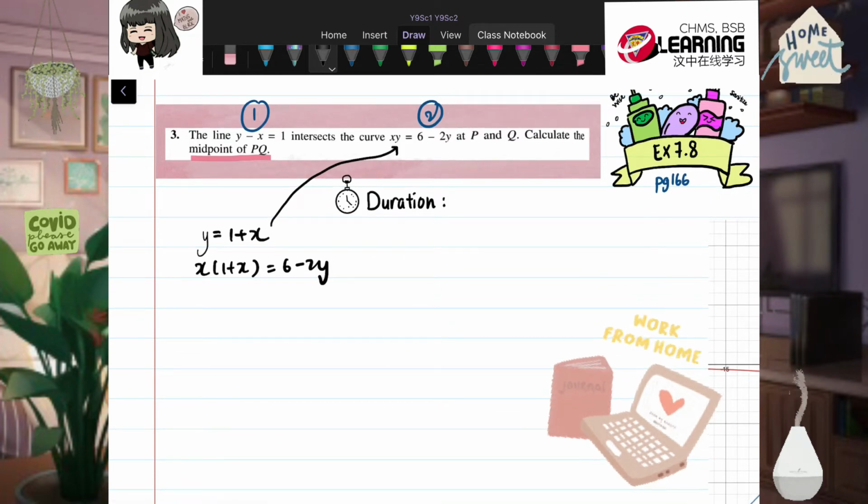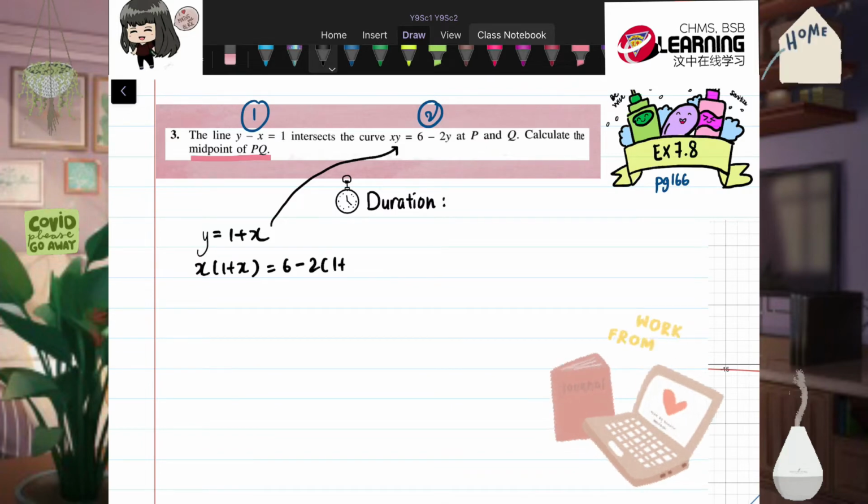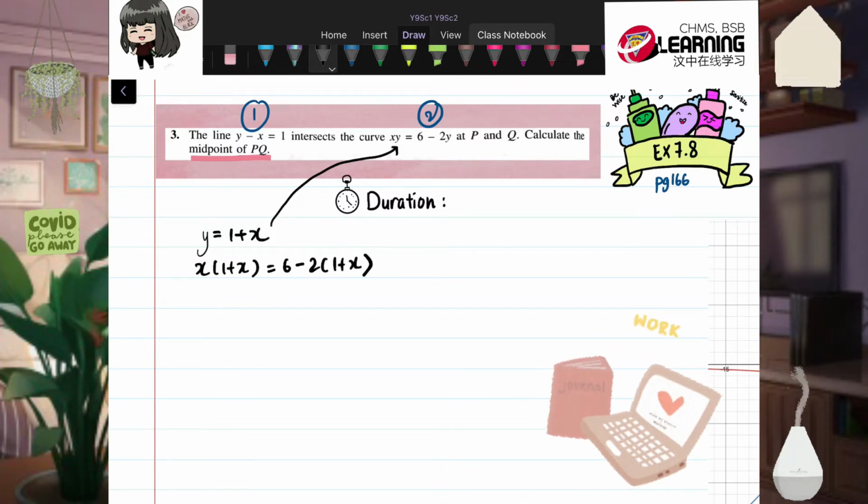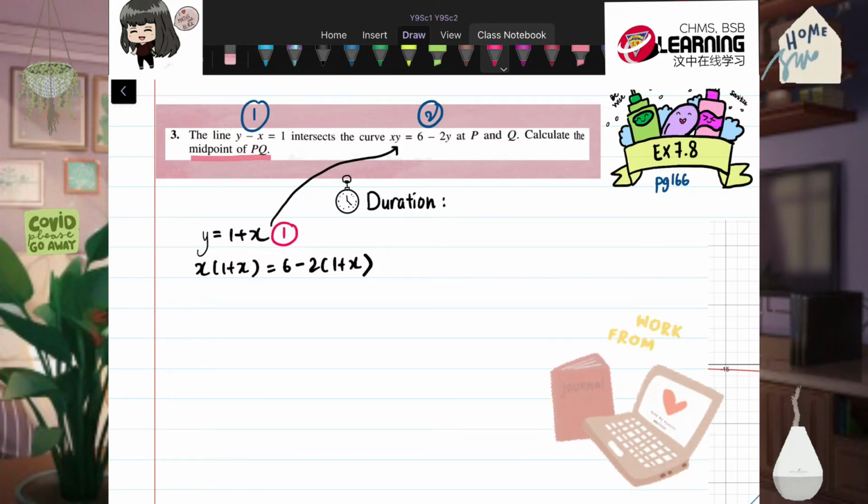Then I substitute it into the second equation. Don't forget this one is also y, so you need to substitute into your y. This is from your first equation, substituting into your second equation. After this I expand.